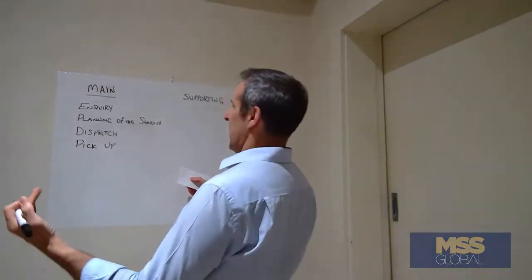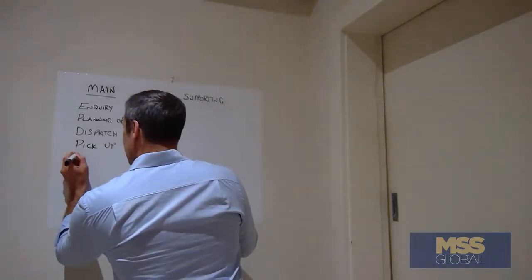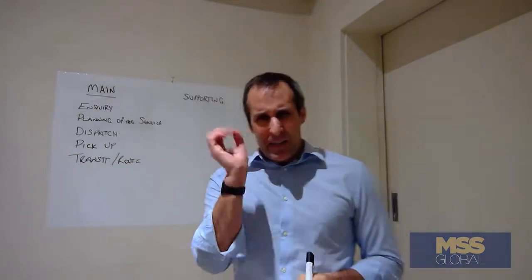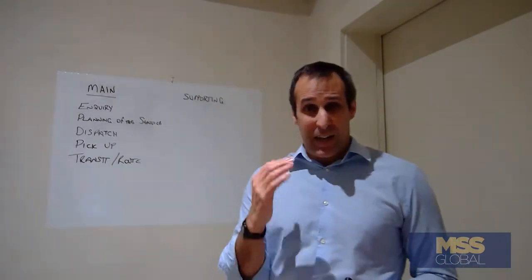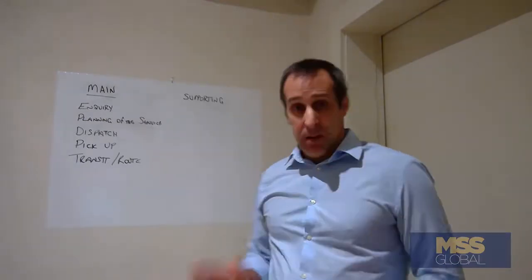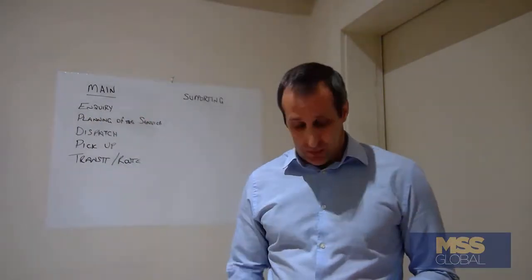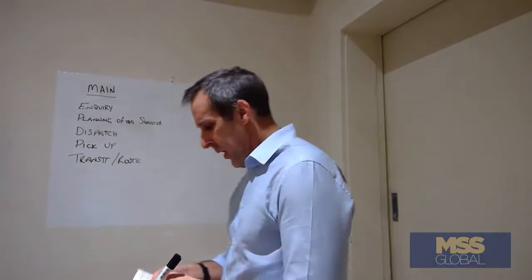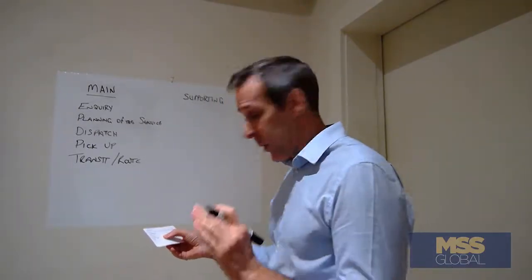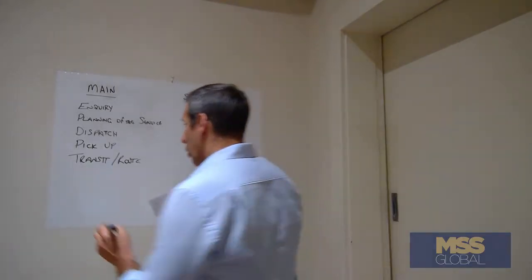Then we've got the transit, the route. I'm going to call it the route, the transit. Again, the name isn't essential as much as understanding what it is that's being done. But this is actually moving the vehicle to the destination. Next step, sequential process, is the drop-off.